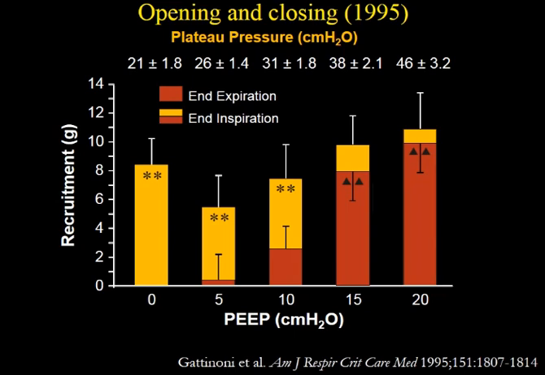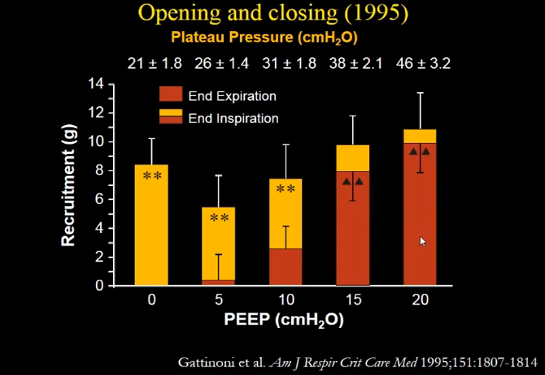And then, at the end of the 90s, we started with the problem of atelectrauma. And this is a very early paper. We found that even at 20 of PEEP, some part of the recruitable lung makes gymnastics, that is the yellow.